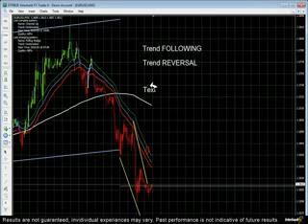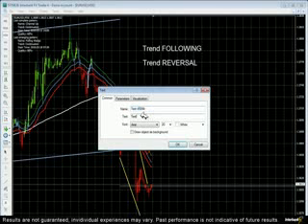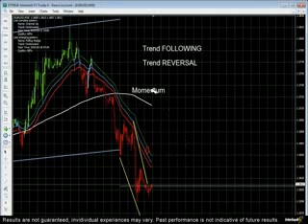Is it a momentum strategy? So now we're getting into a sideways market movement strategy, waiting for the next opinion to reveal itself. So is it a momentum strategy?